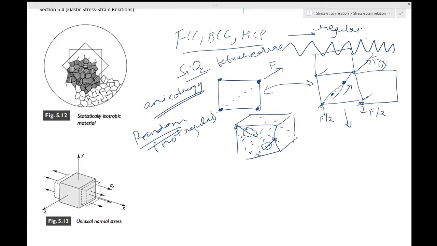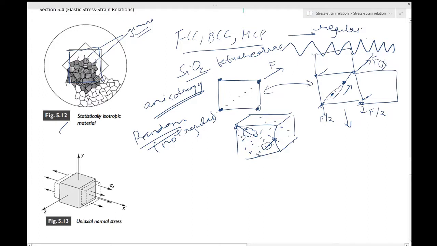So if you look at 5.12, the idea is that if you cut out one cube of this randomly arranged configuration of atoms, and if you recall from material science, these things are actually grains.